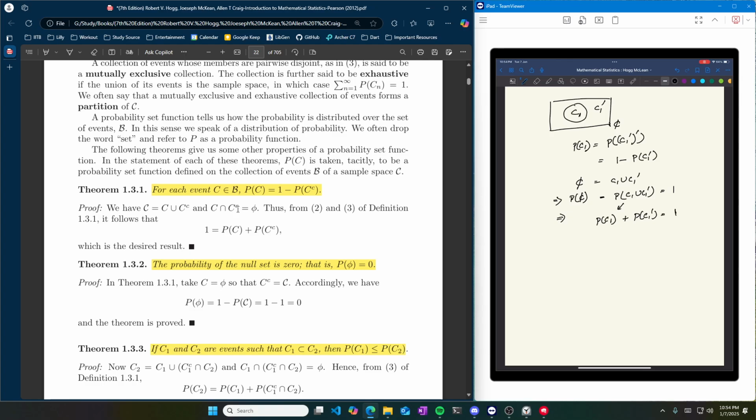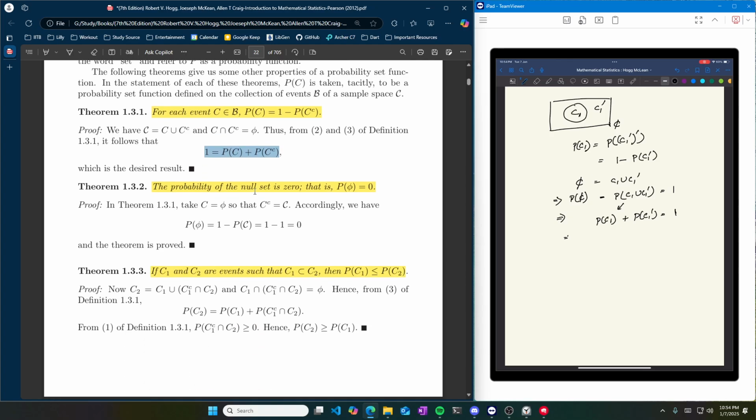Essentially that's what this is saying, which is the desired result. The idea is very similar for the null set, which has probability 0. If the event has no space, it is a null event, then the probability of it is 0 already. Also, if we take C, then C complement is the null set, so its probability would be 0 anyway.